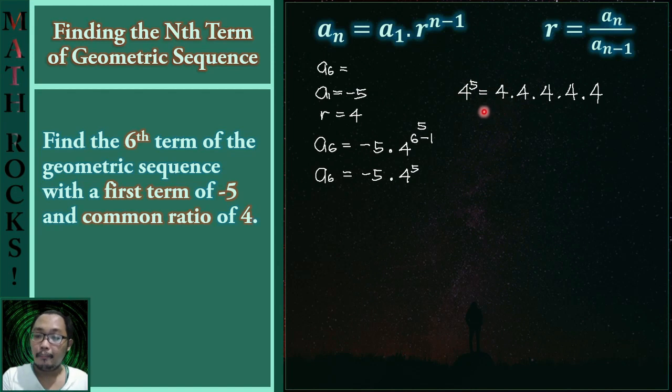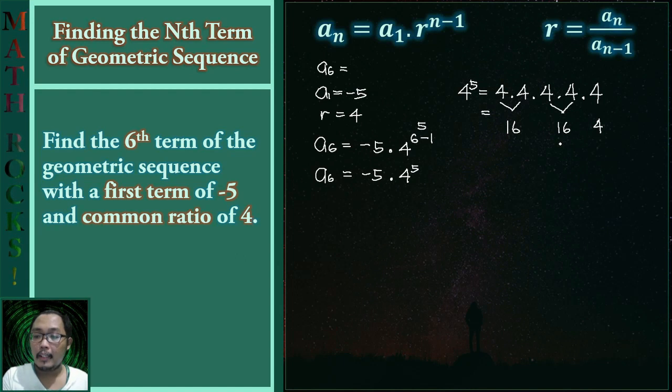To evaluate, we may multiply these numbers by pairs: 4 times 4 gives us 16, and multiplying this other pair gives us 16 as well. And we are left with another 4.